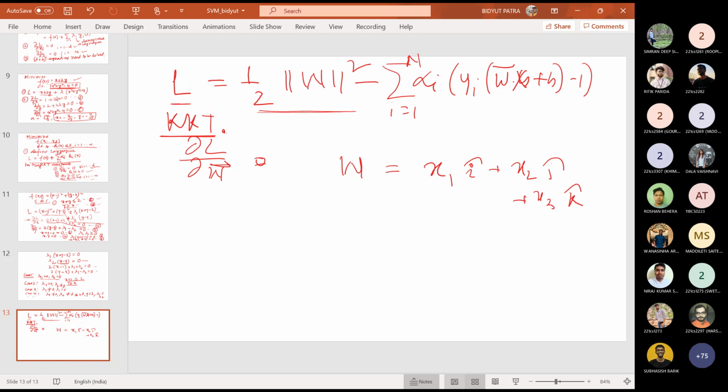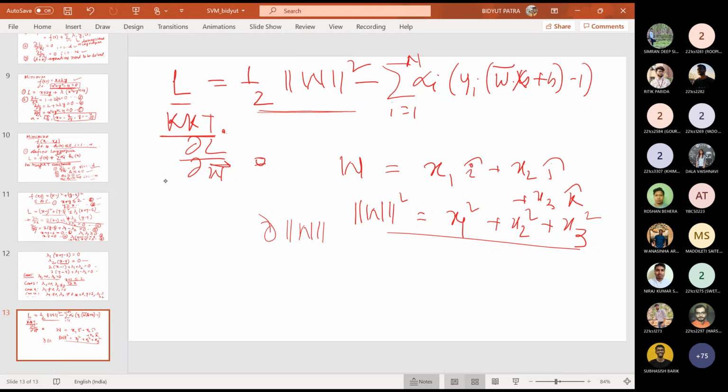Essentially, the magnitude squared of w is x1 squared plus x2 squared plus x3 squared. Now you differentiate this value with respect to the vector w. w has components, but this is a scalar.